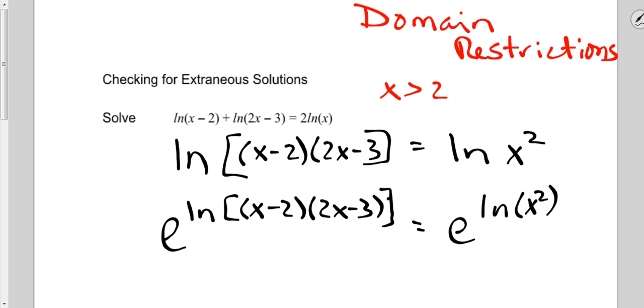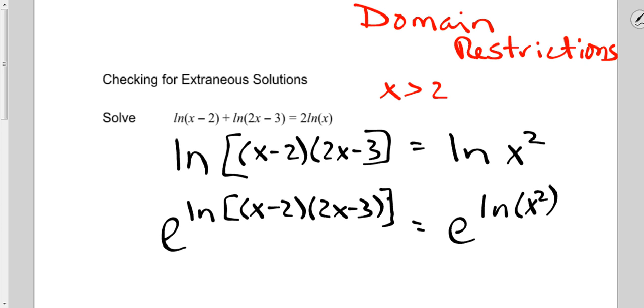When I do that, what happens to the E and to the natural log? They go away. Why? What property am I using? Caleb says that this expression simplifies to just this times this, and that this expression simplifies to just this.